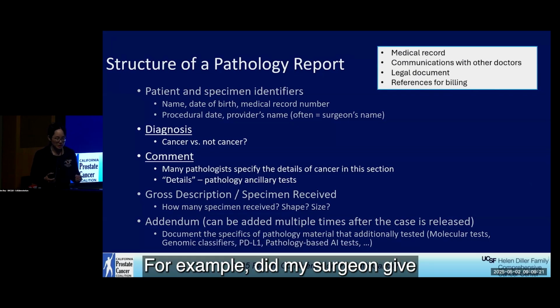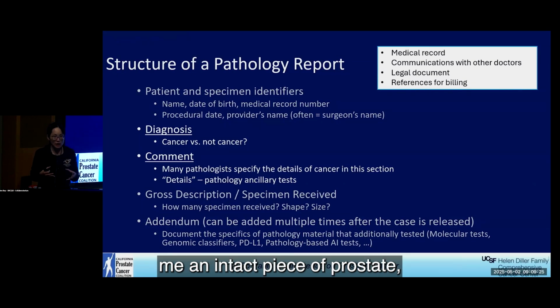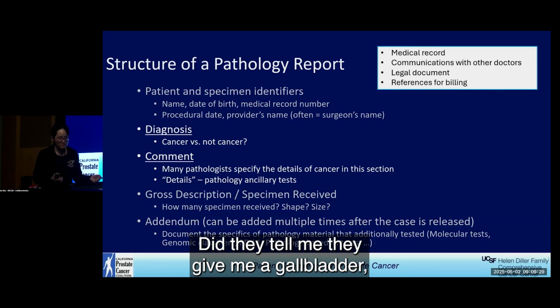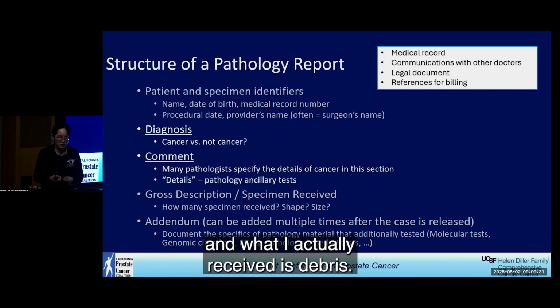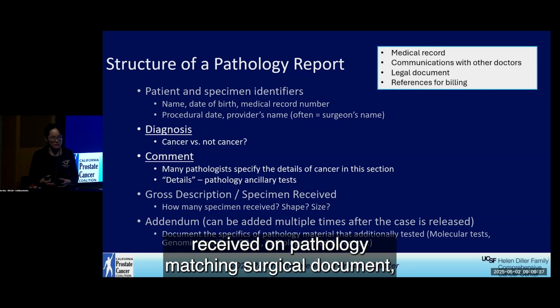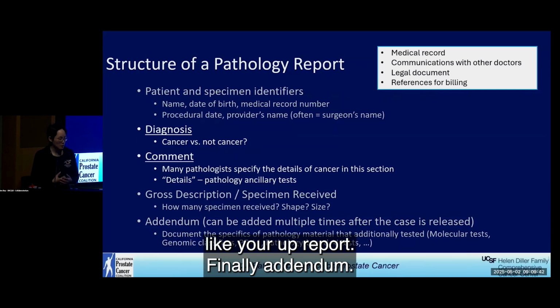For example, did my surgeon give me an intact piece of prostate, or did they give me fragments of prostate? Did they tell me they gave me a gallbladder and what I actually received is debris? Those things, I have to make sure what I received in pathology matches the surgical document, like your op report.